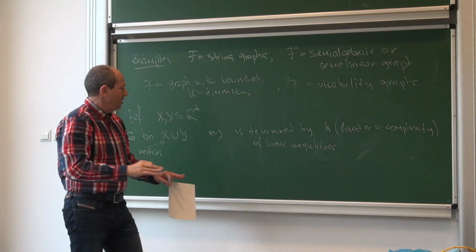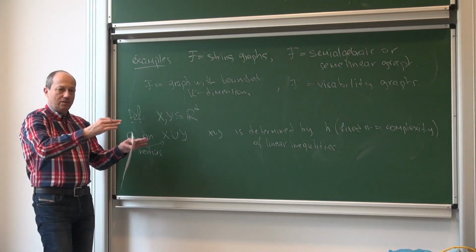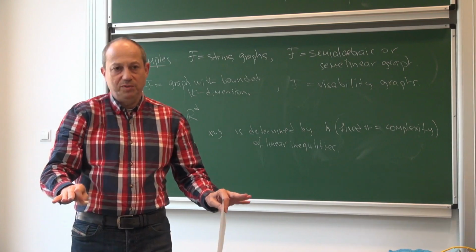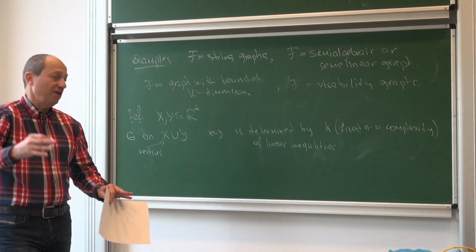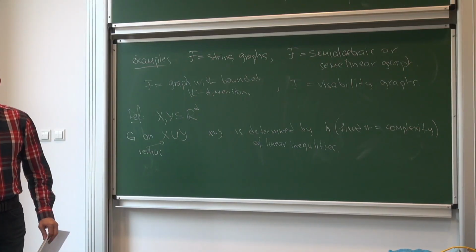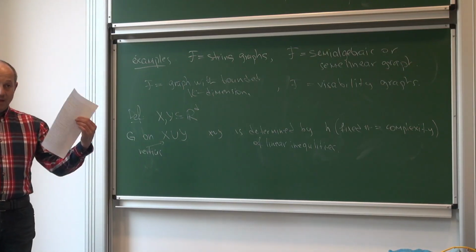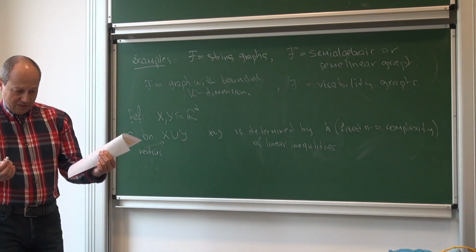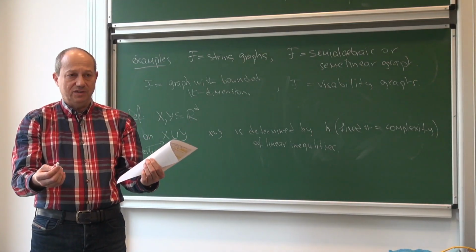So you give me inequalities in 2D variables, h different inequalities. h typically would be constant. I mean, if h grows, the graph becomes more and more complicated. So I will look at a semi-linear graph of constant complexity, and then whether x is connected to y is determined by these inequalities. And actually, you can think about this as a Boolean function of these inequalities.